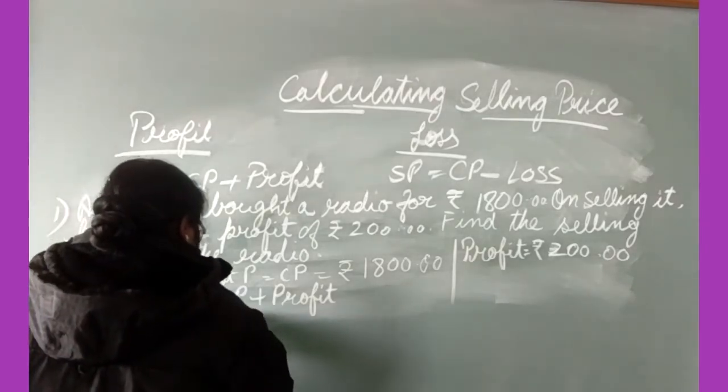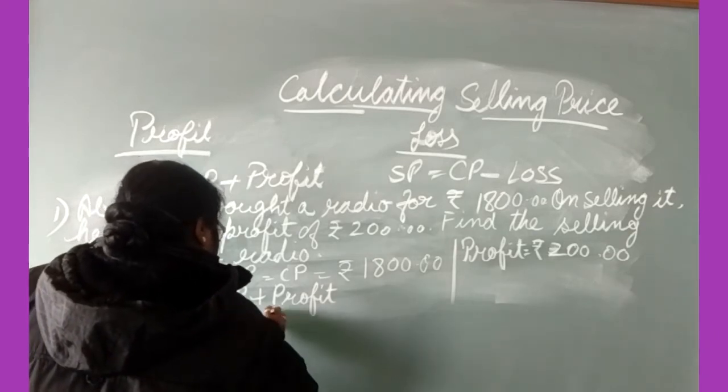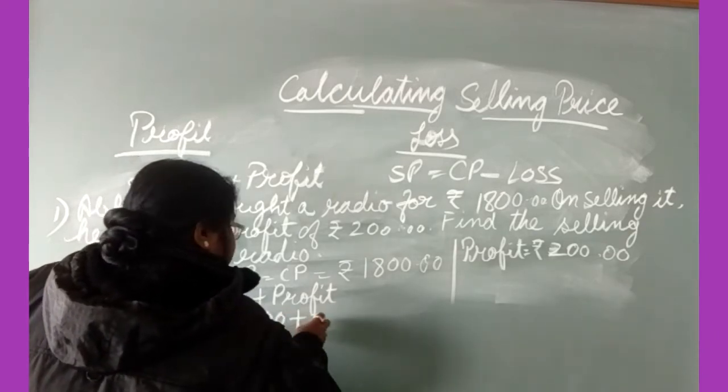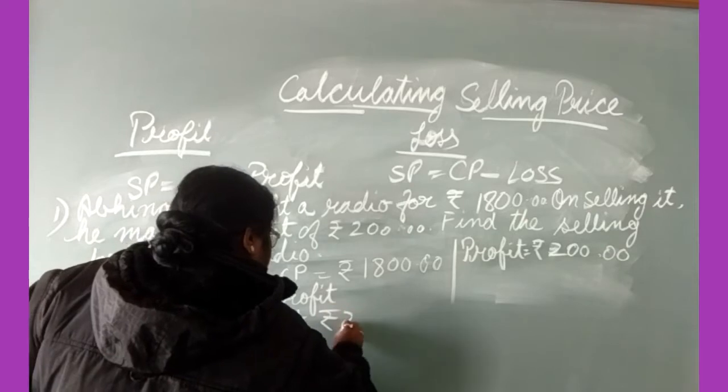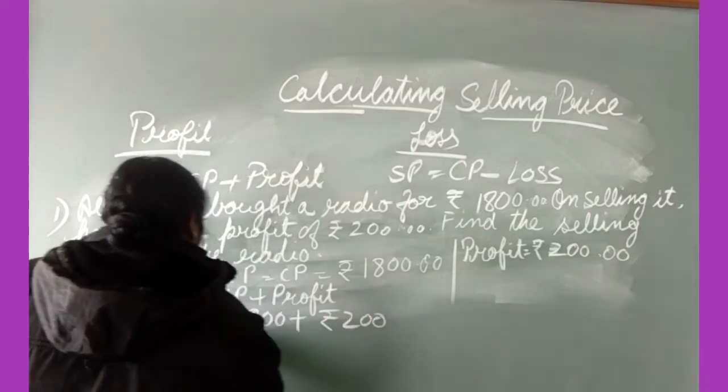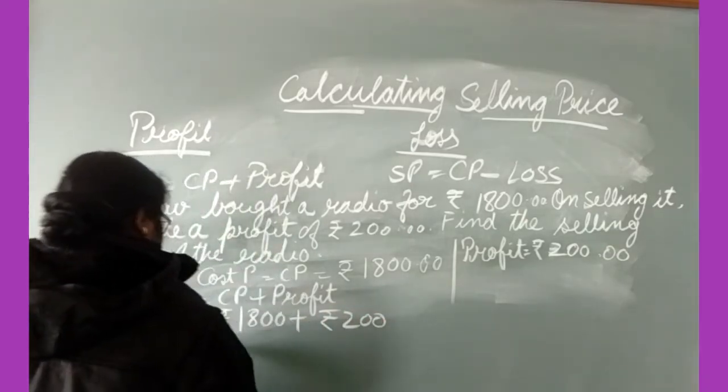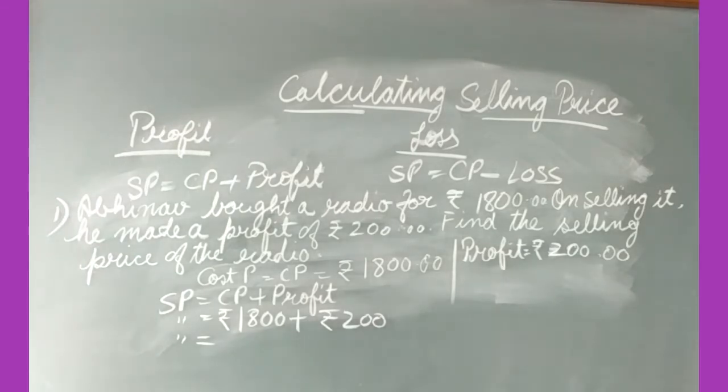Rupees 1,800 plus profit rupees 200. Now what answer will you get when you add it? Rupees 2,000. Good.